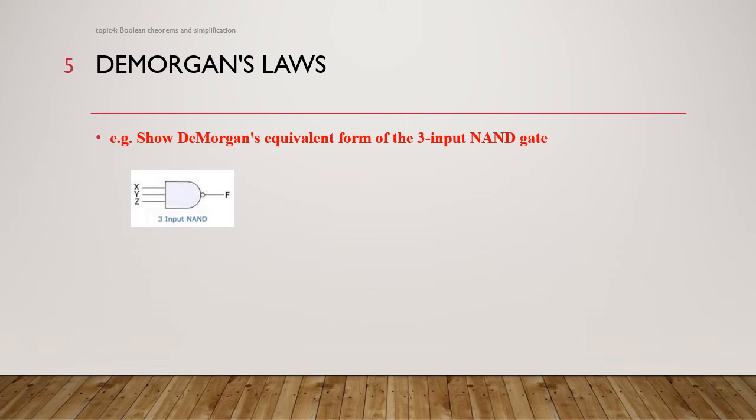Let's try it again with another example. Let's find the De Morgan's equivalent form of the 3-input NAND gate. For the NAND gate, the function f equals (x and y and z)', so we need to take the NOT. That's the 3-input NAND function, right?